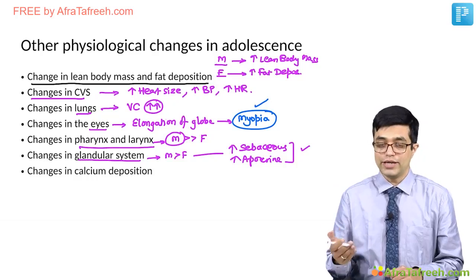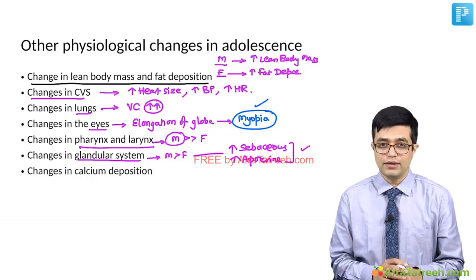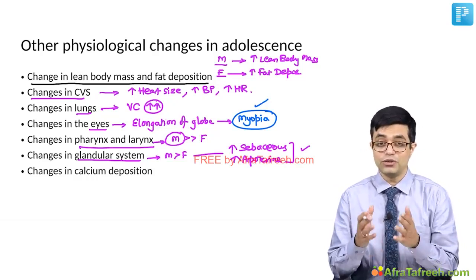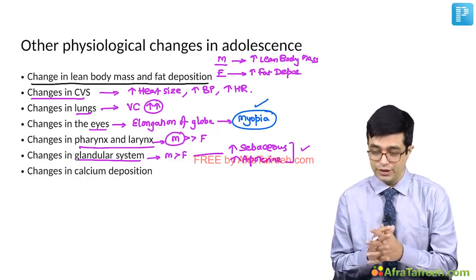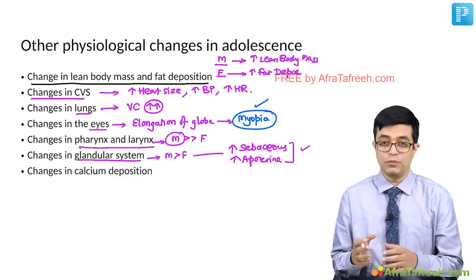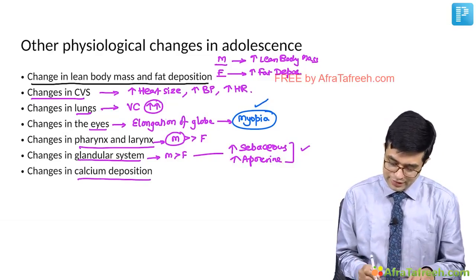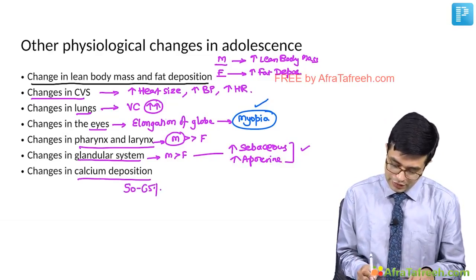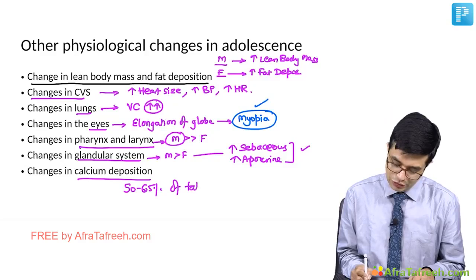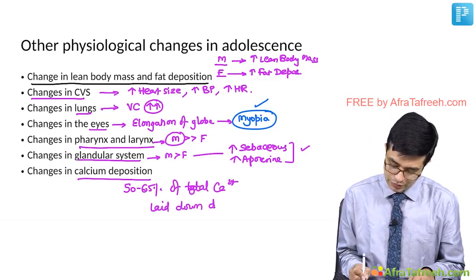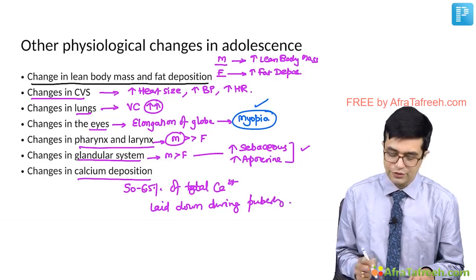So that is why we advise proper hygiene, the use of deodorants, and keeping the hair short in the axillary area and pubic area in case these problems are more troublesome. And changes in the calcium deposition, Nelson says 50 to 65% of the total calcium in the human body is laid down during puberty. So this is another thing that you need to remember.